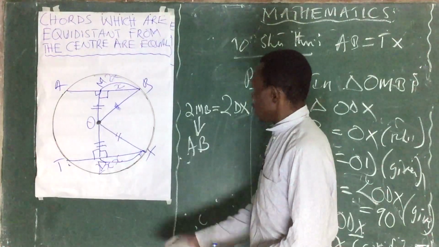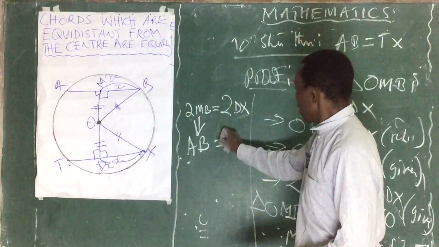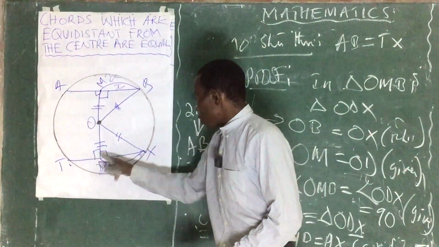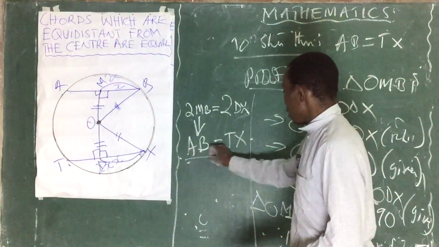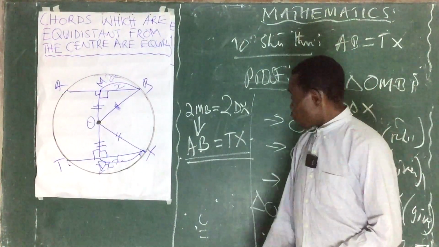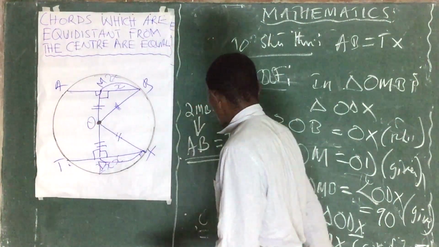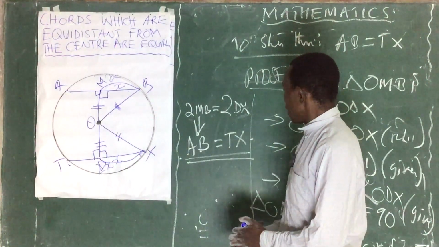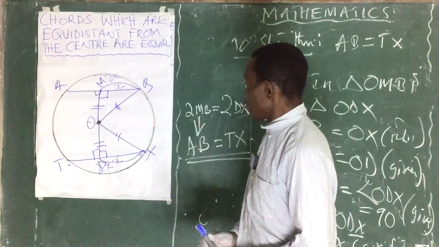AB. You can see here 2 MB is equal to AB, right? And the same 2 DX gives us what? TX in this case, TX. Then at the end, this has already been proved like that. So here we expect that the AB will be equal to TX, and the AB and TX are the chords we gave in our definition in this case.